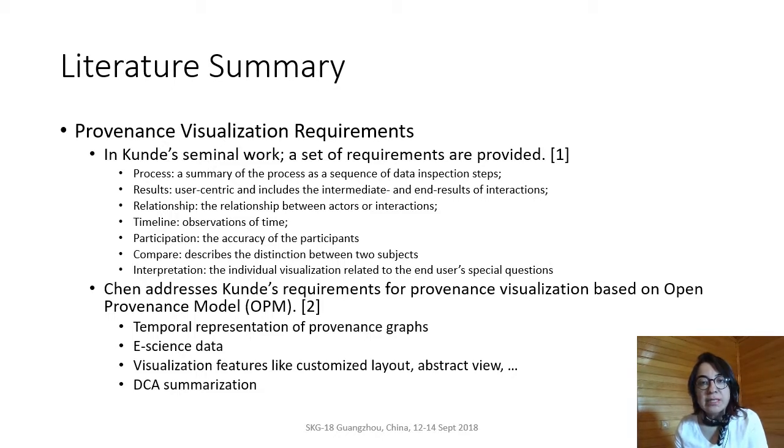In his valuable study, Chen addressed Kunde's requirements with a customized layout and abstract view approach for network provenance visualization based on the open provenance model. a visualization approach implemented for temporal provenance representation. He focused on the e-science domain and worked on visual features like customized layout and abstract view. Also, a DCA summarization approach is implemented in his study.